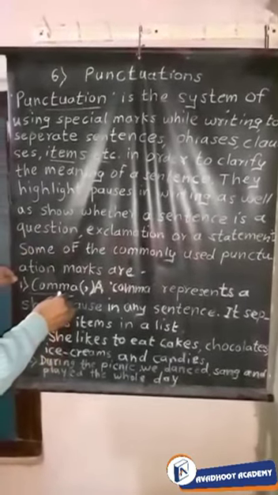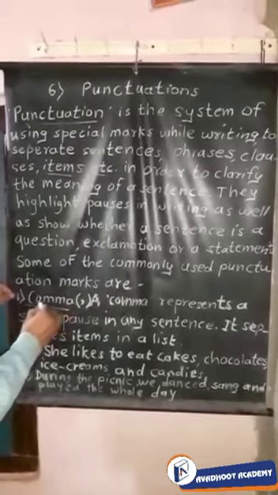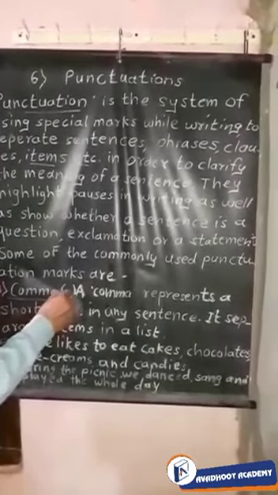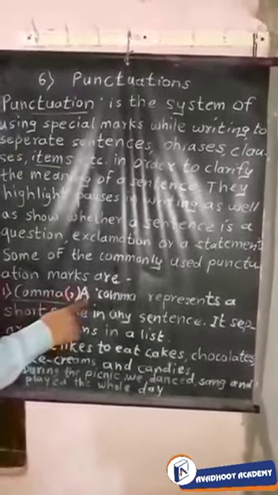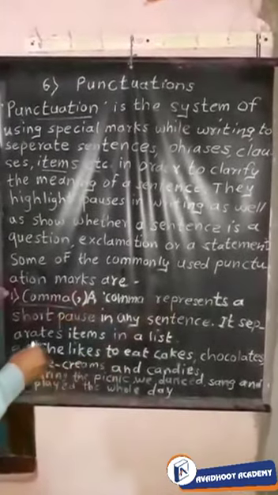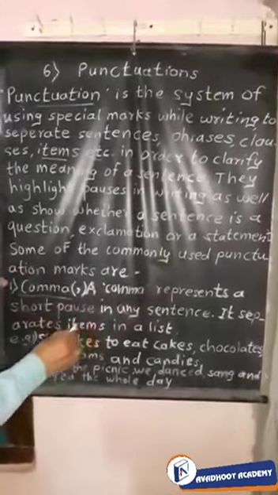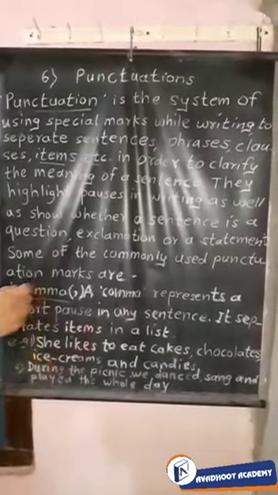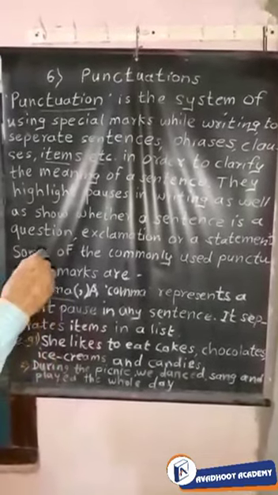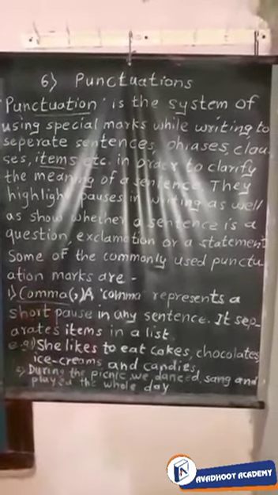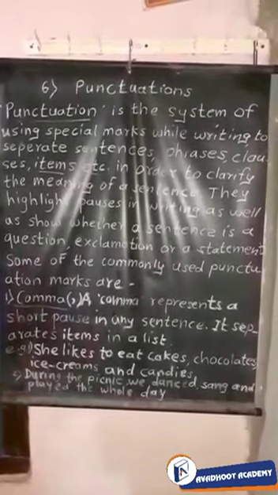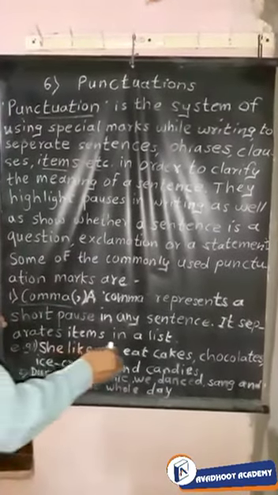We will see them one by one. The first one is the comma. The mark of the comma is like that. A comma represents a short pause in any sentence. It separates items in a list.